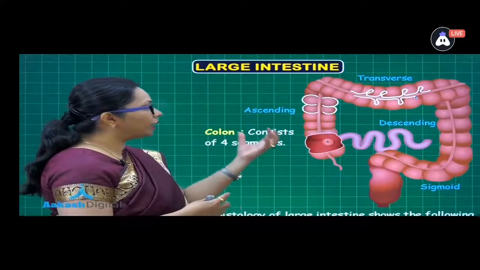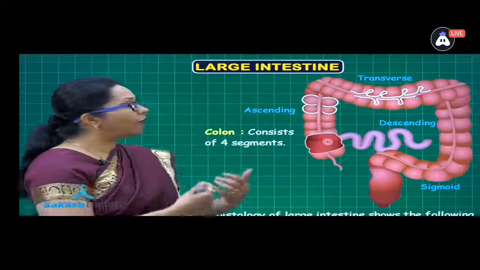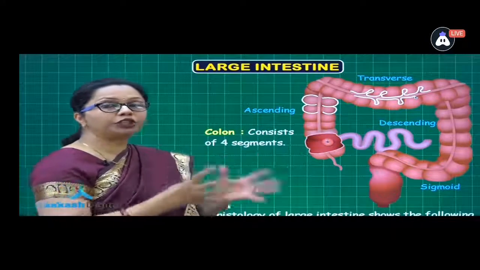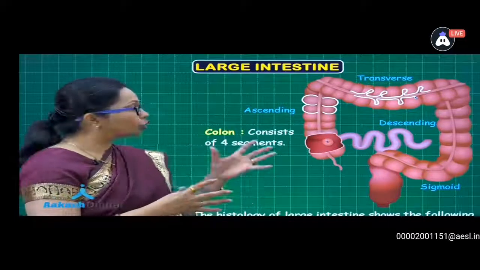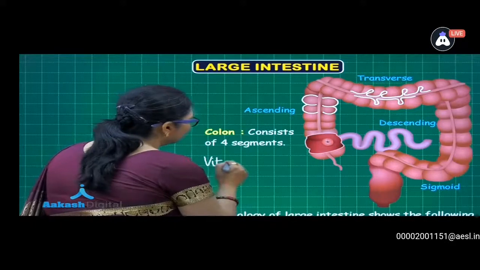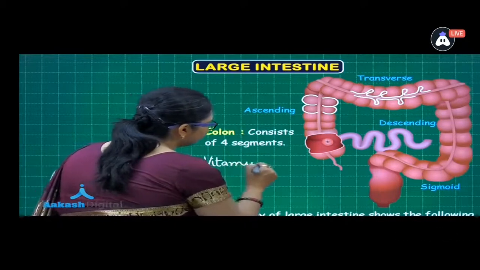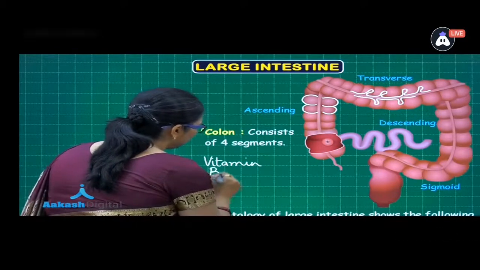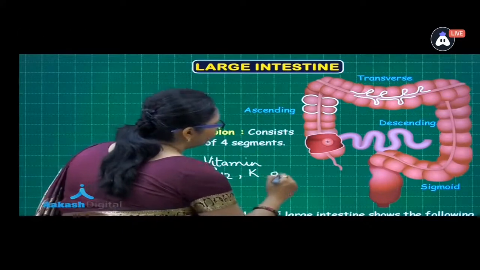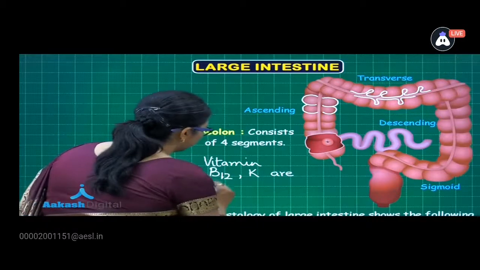And these bacteria don't have any benefit or loss, but they secrete vitamin B12 and K. So vitamin B12 and K are produced by these symbiotic bacteria.